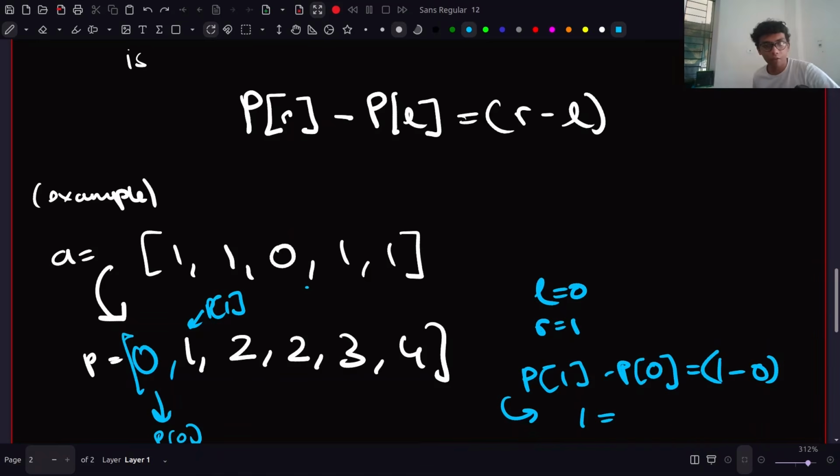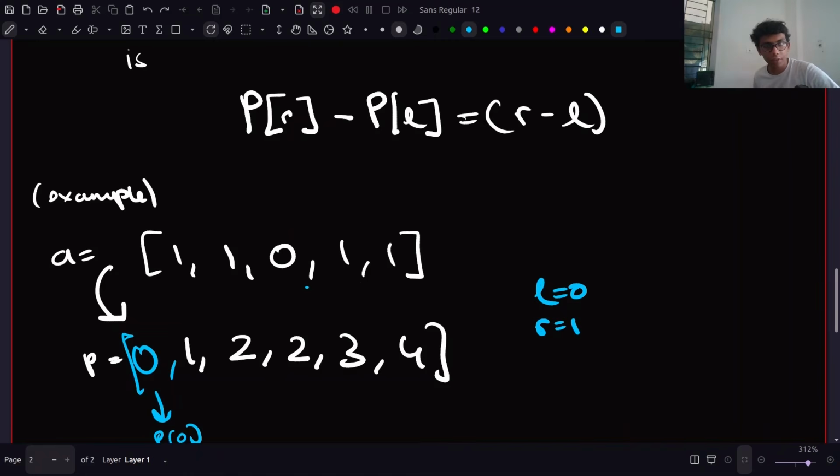Similarly, if we want to find another good subarray, we can do something like this. Let's take this as our L. As this is a half closed interval, we want to check this subarray. So here our L is 1, our R is 3.